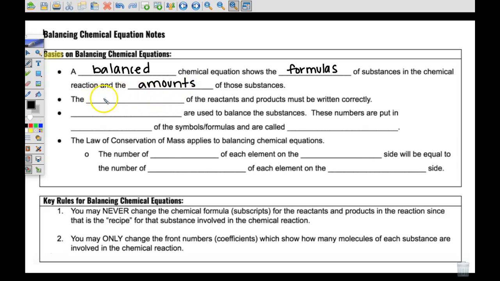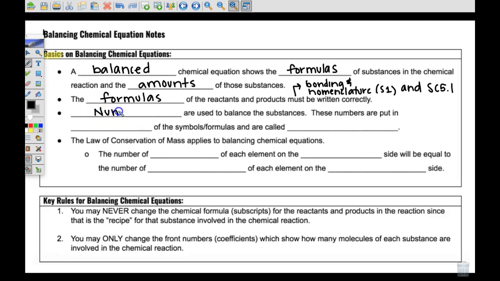In order for this to work, the formulas of the reactants and products must be written correctly, which is why we had our bonding and nomenclature unit from first semester. And we reviewed it in SC 5.1.